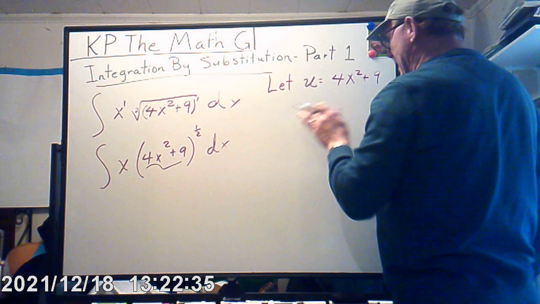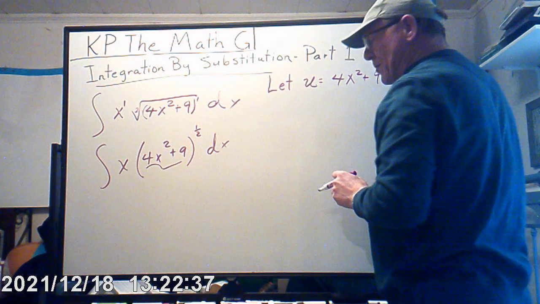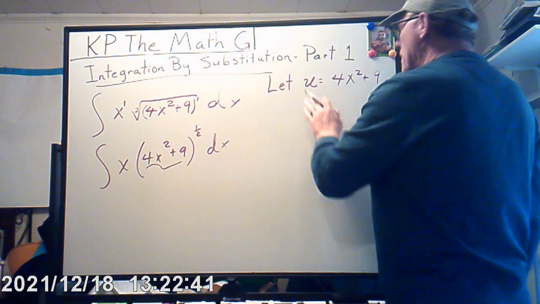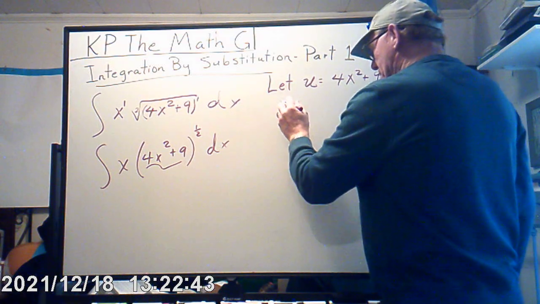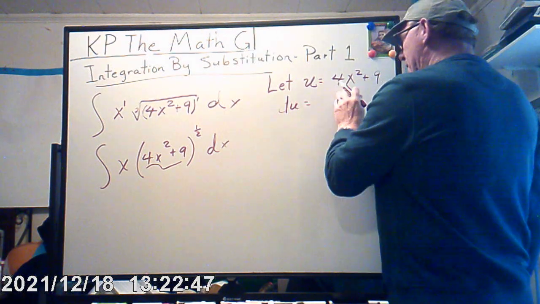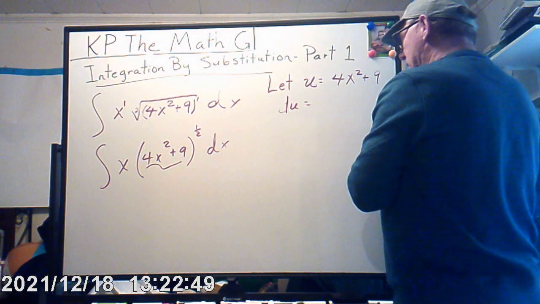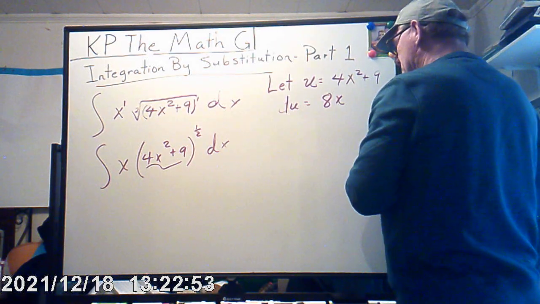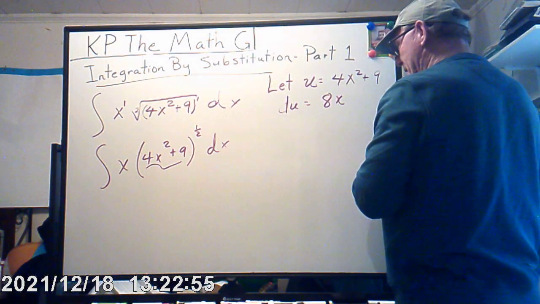Probably maybe not the best first example, but we're going to go with it. I think it'll be okay. The derivative of the left side is just du, and the derivative of this side is 8x, and that's it.